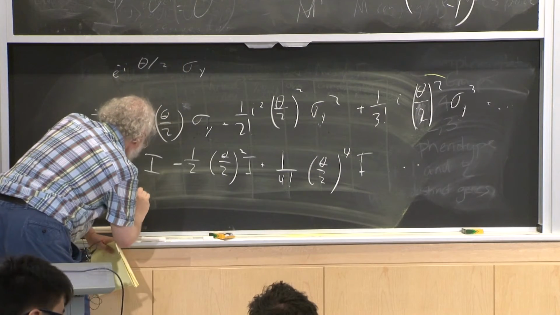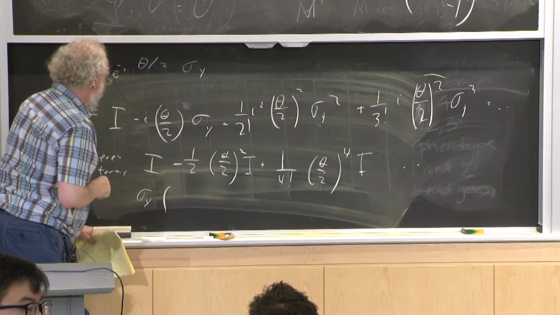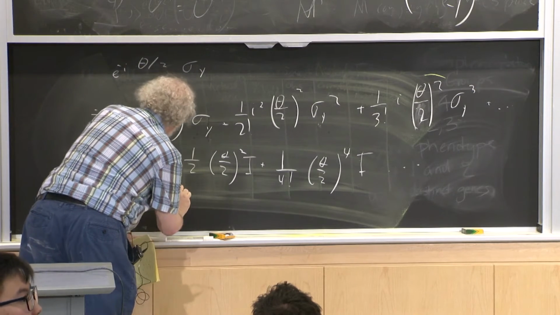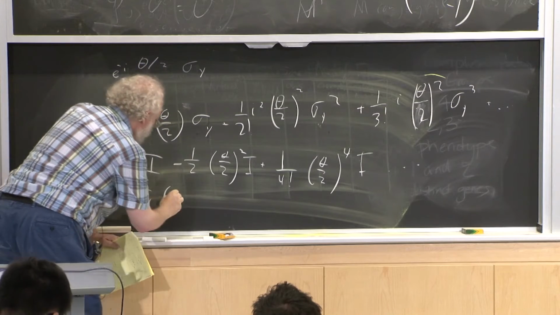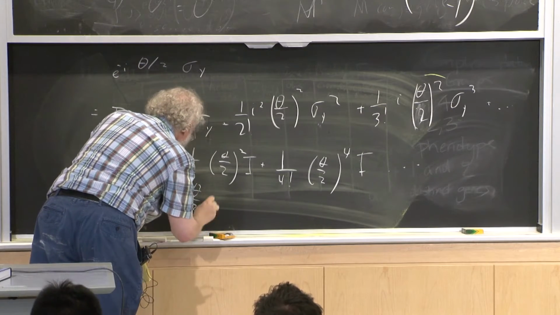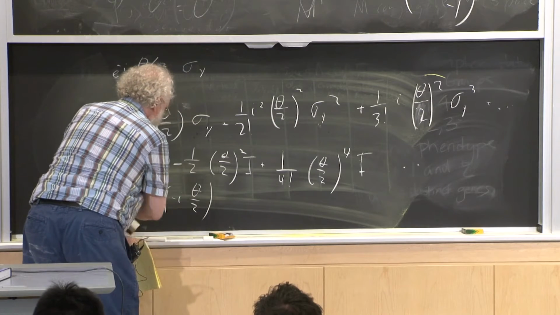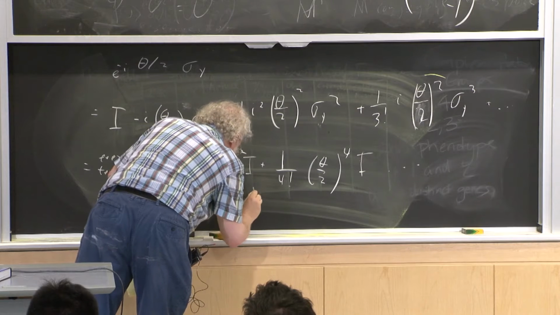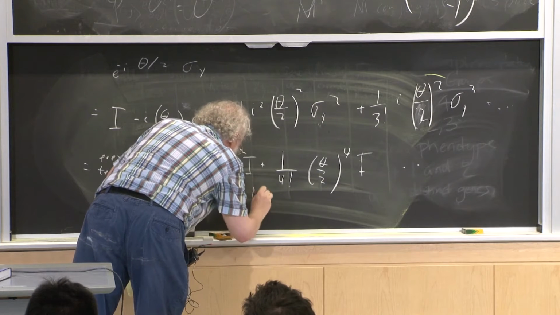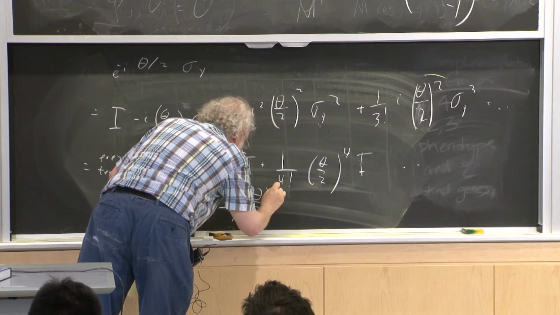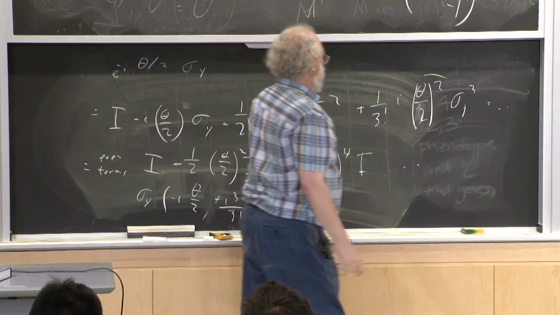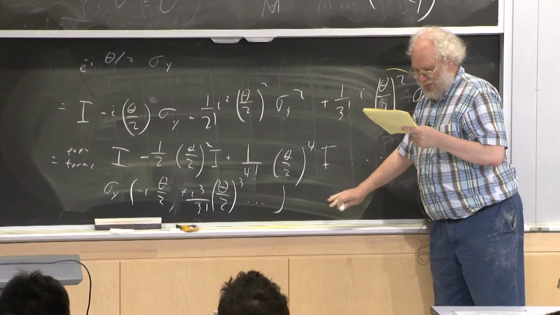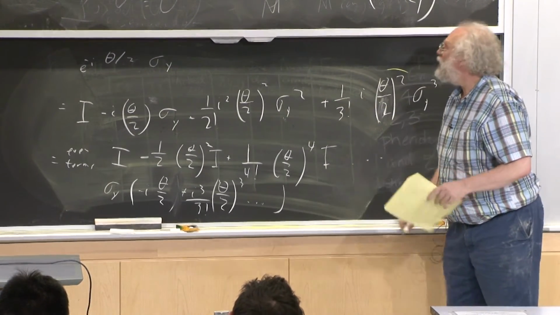So this is sigma y, okay, so this is minus i theta over 2 plus i cubed over 3 factorial theta over 2 cubed, etc. And this is just cosine of theta over 2, and this is minus i sine of theta over 2.